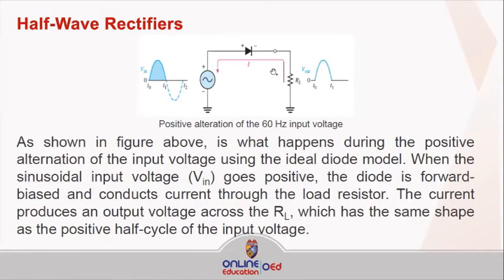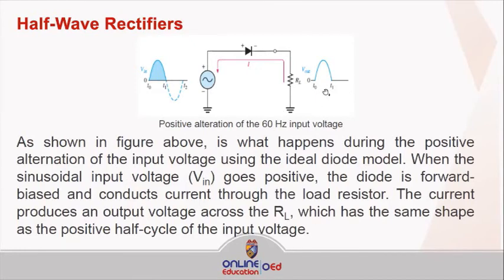Pag forward bias is, it can conduct current through the load resistor. Okay? Then the current produces an output voltage across the RL, which has the same shape as the positive half cycle of the input voltage.